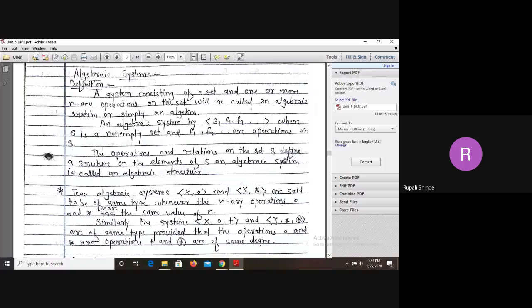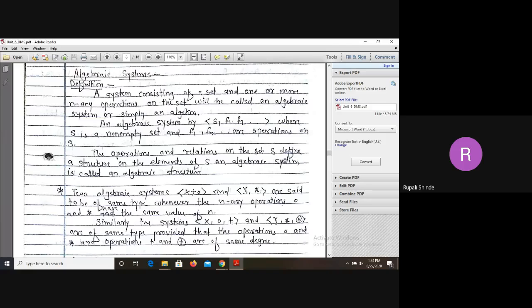n. The same value of n means what? For this n-ary, n means what? n can be 1, 2, 3, 4 likewise. If 1, then unary operation, if 2 then binary, 3 ternary, likewise.